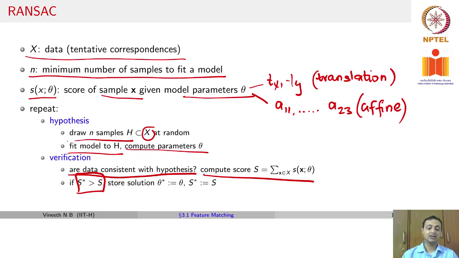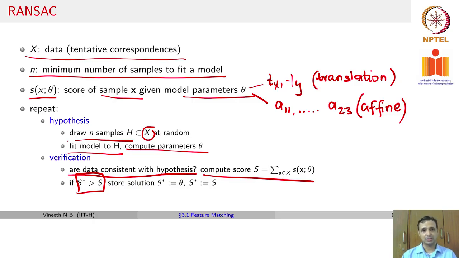Let's talk about this in the context of matching features. Let's take an affine transformation, which has 6 free parameters. So you need about 3 sets of correspondences to be able to get a good match between these two. So you draw 3 pairs of correspondences, the best correspondences that you have.